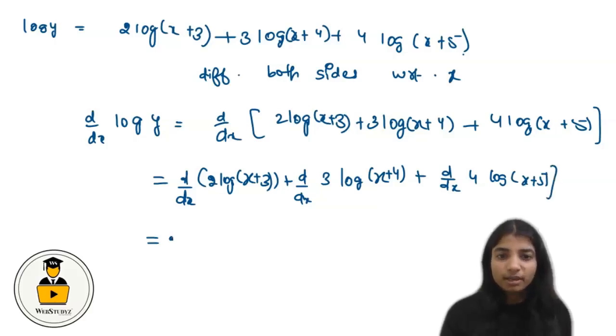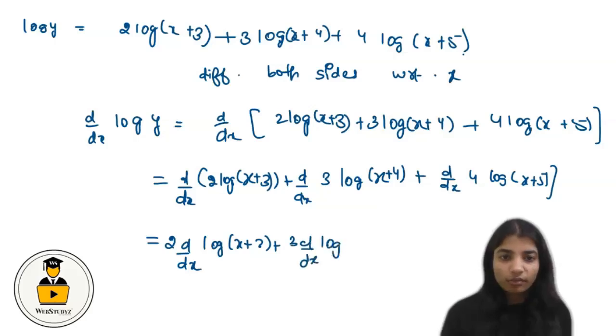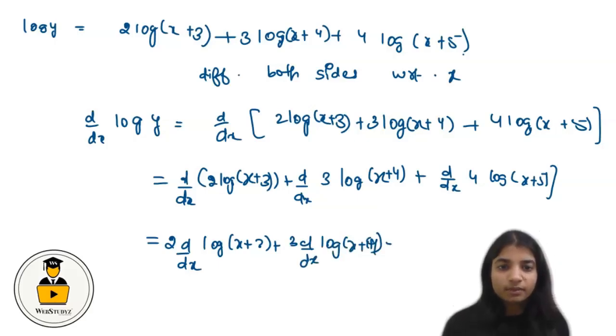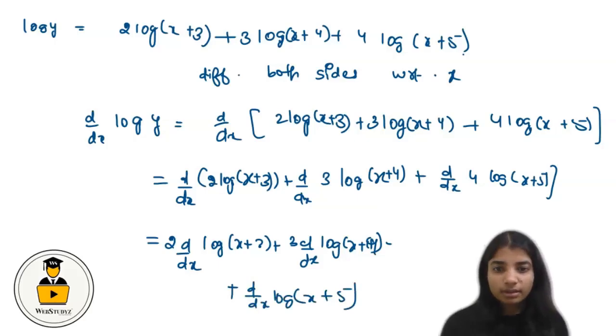This can be written as 2 d/dx of log of (x+3) plus 3 d/dx of log of (x+4) plus 4 d/dx of log of (x+5), that is equal to d/dx of log of y.